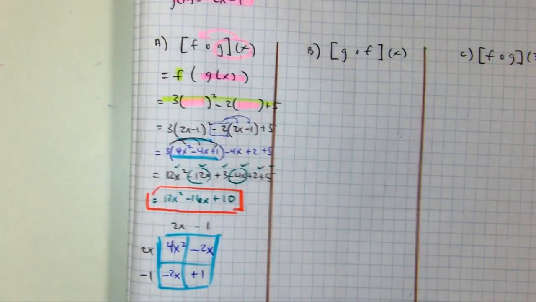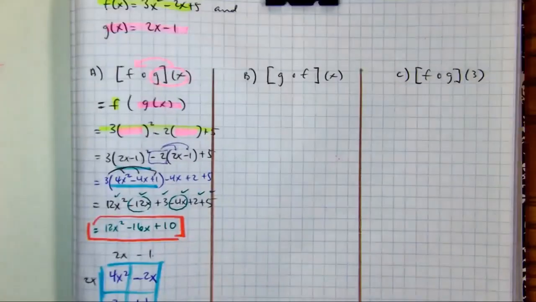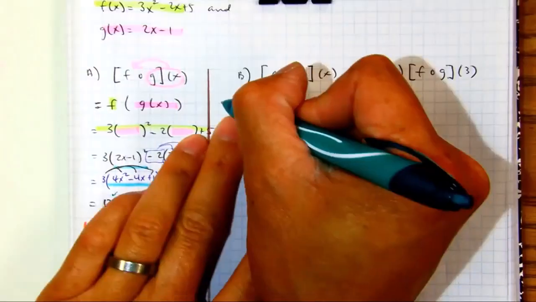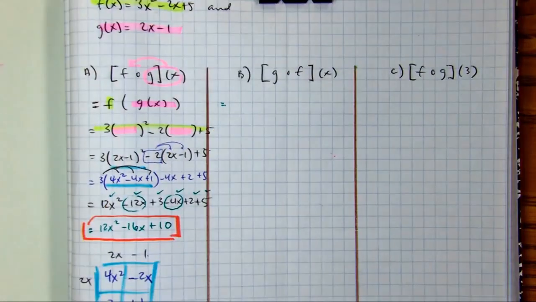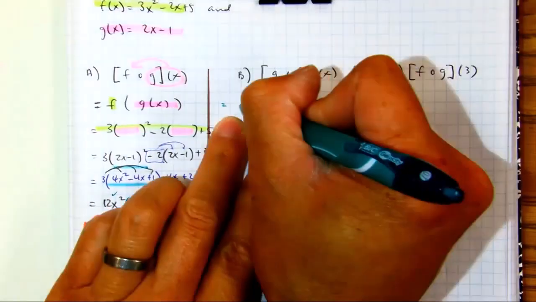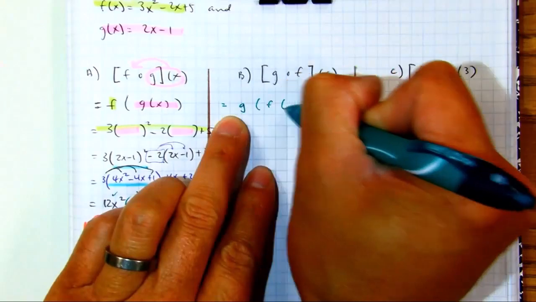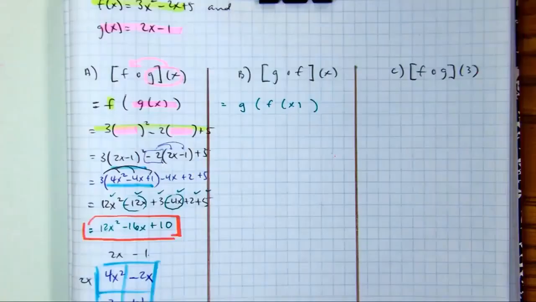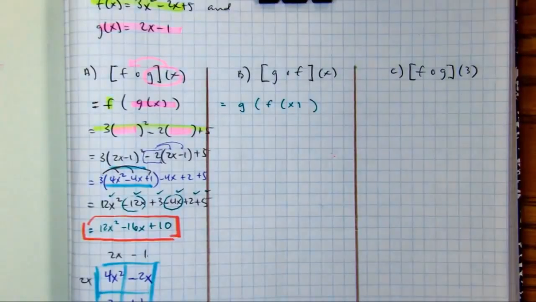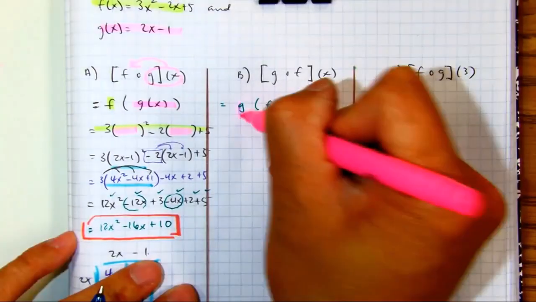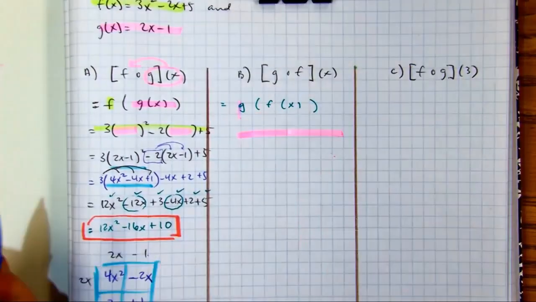Alright, let's try B. Girls, tell me how to write this student friendly. And girls, what's the first thing? What color? Pink or yellow? Do the pink.